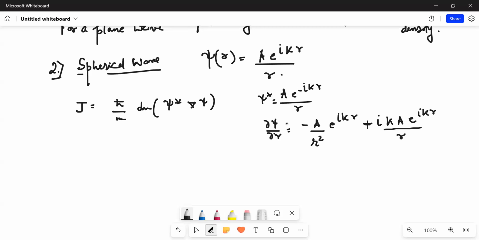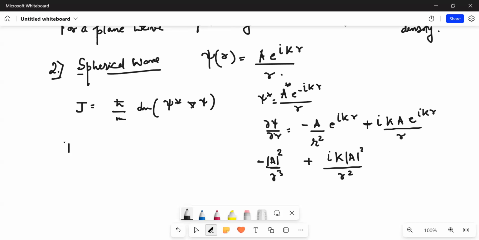Now, if I multiply this by psi star, I will get minus modulus of A squared upon r cubed plus ik modulus of A squared upon r squared.